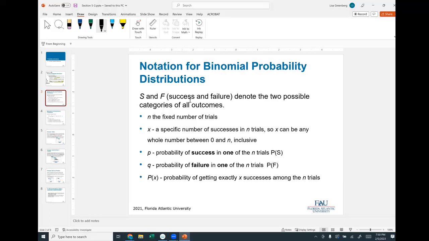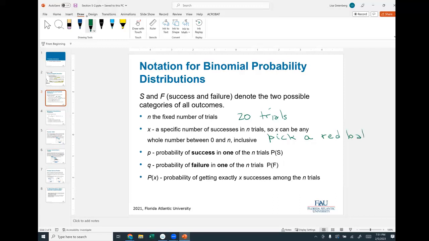So first, let's do it like this. 20 trials. I want, in those 20 trials, to pick a red ball.